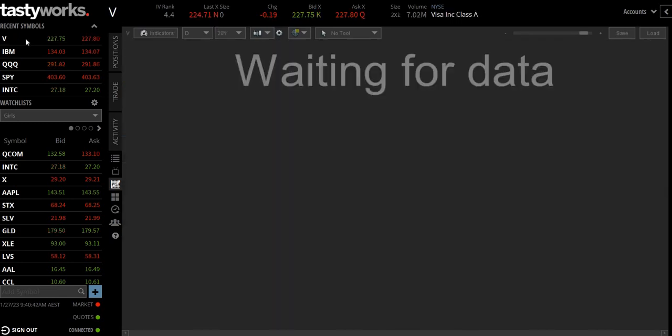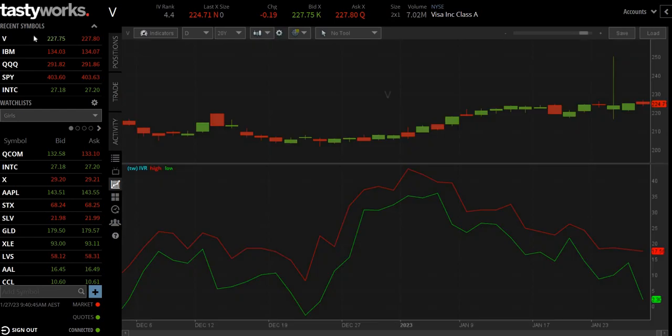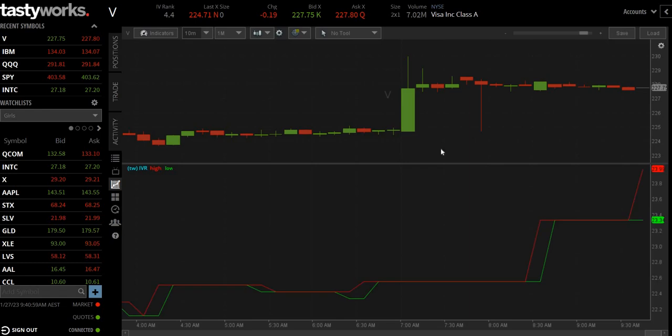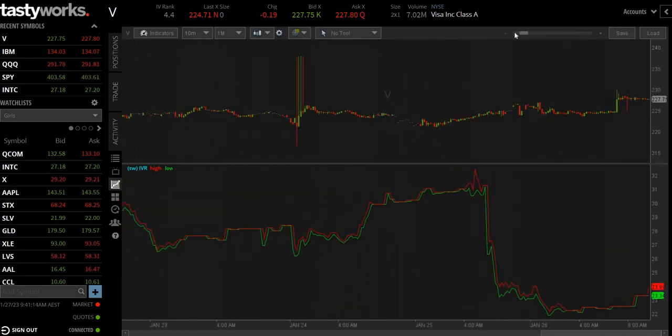Now, I did something similar today. This is my trade number 231, and I did pretty much exactly the same on Visa. This may not actually work out because earnings already came out, and if we take a look at the daily chart, we can see that the price went up from about 224.75 to 227, so it went up $3, and it may not work out for me that well.